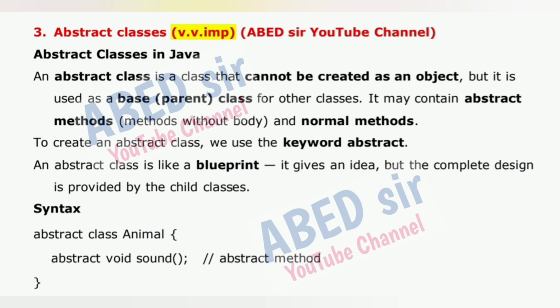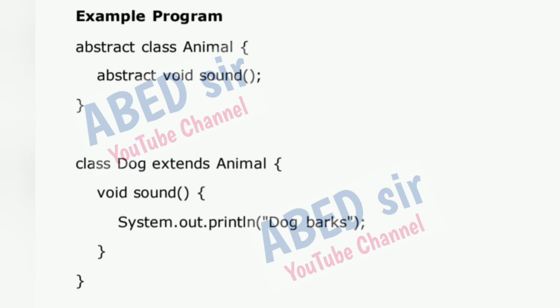An abstract class is like a blueprint, it gives an idea, but the complete design is provided by the child classes. Syntax: abstract class Animal, abstract void sound(); abstract method. Example program. Abstract class Animal, abstract void sound().